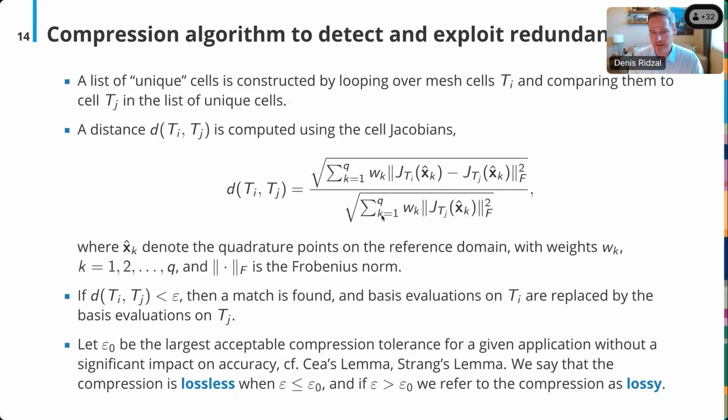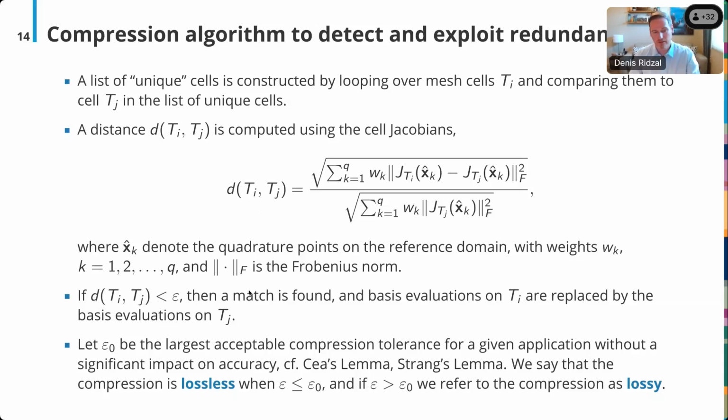And things are normalized in the following way here. And so these sums run over the quadrature points. Tj is the cell that's already in the dictionary, and Ti is the cell that we compare to. If this distance between the cells is less than some epsilon, then we say we found a match, and we replace all basis evaluations on Ti with those in Tj.